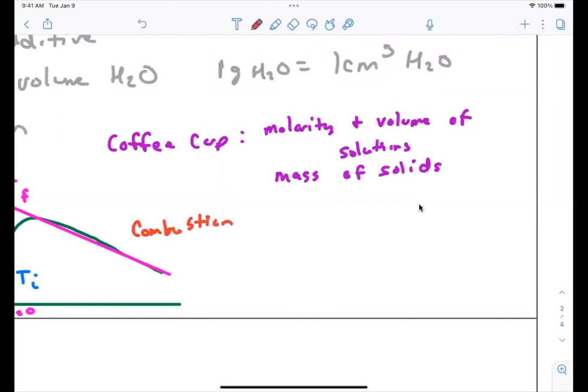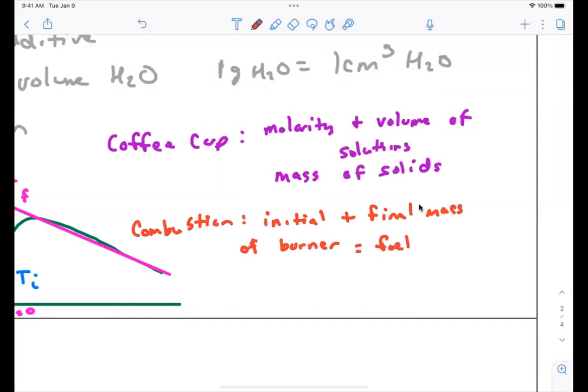In combustion, you need to know the initial and final mass of the burner, because that will equal the amount of fuel burned. So when we measure the mass of the burner before and after, then we are able to figure out how much actually combusted. And that will help us for our delta H later on.